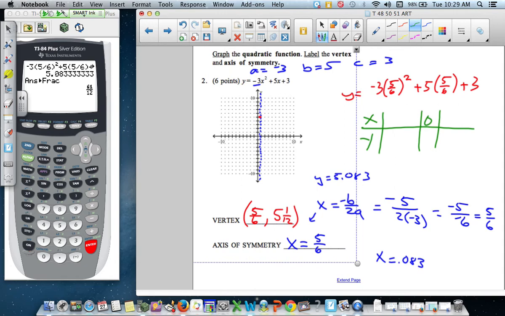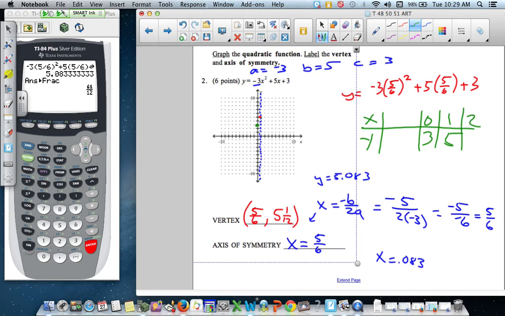If I put 0 in for both x's, I'd get 0 plus 0 plus 3. So I'm going to plot that point. 0, 3. If I put 1 in for the x's, I get negative 3 plus 5, which is 2, plus 3, which is 5. So I have the point 1, 5.